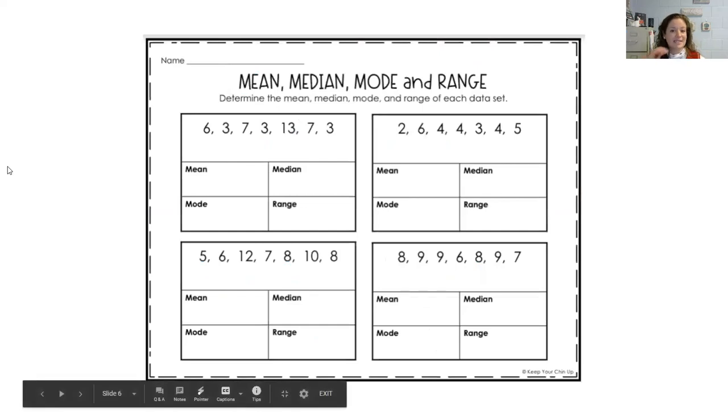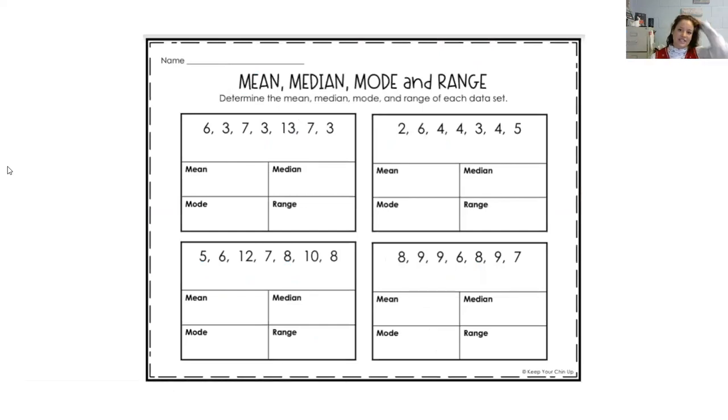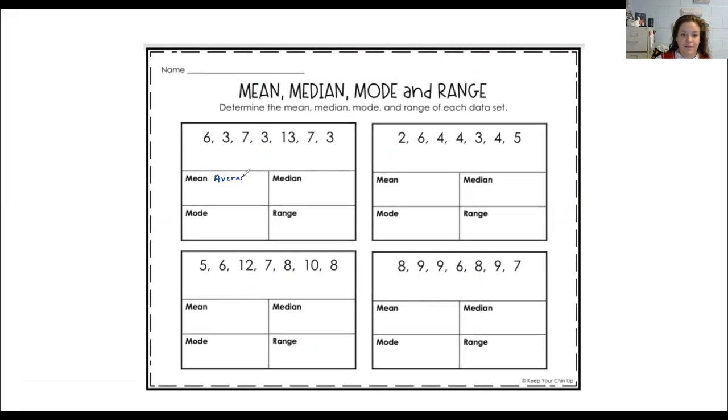Okay, so let's go ahead and practice some of this. Before we get started, if I'm looking at this and we're talking about the mean, what was a word that we could use in place of the mean? The average, very good. Median, what was a keyword for median? Middle, very nice.